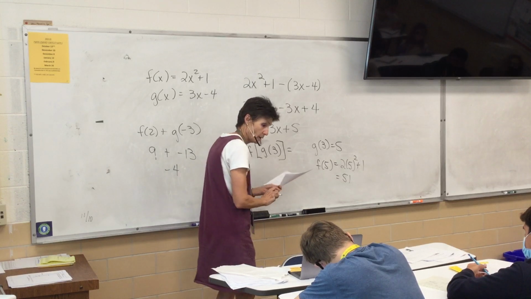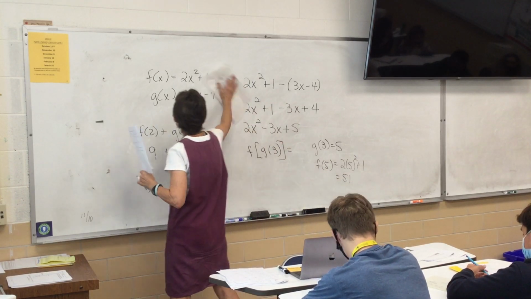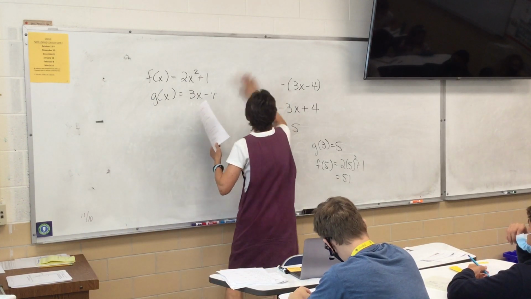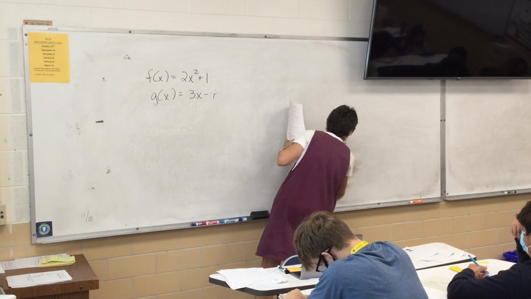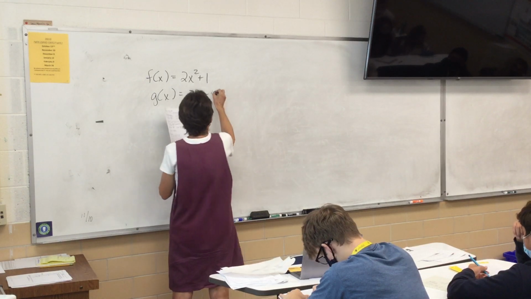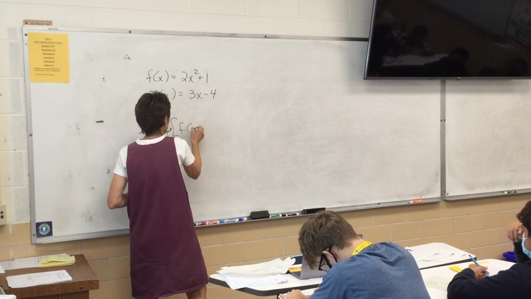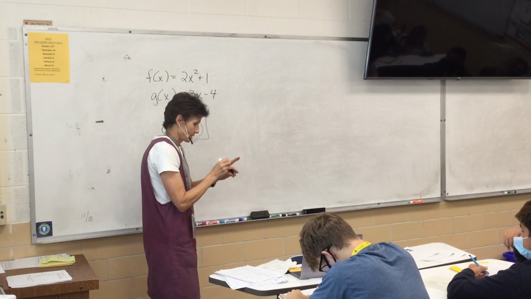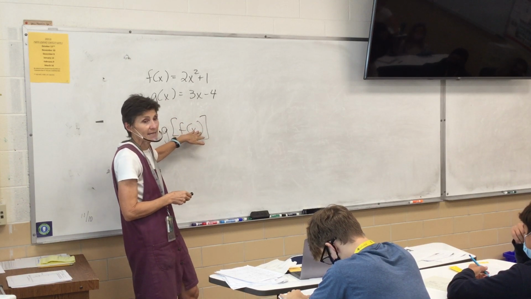And the last one we're going to do today. Last one says find g of f of x. I don't know if you heard what Ethan said, but he hit it right on the head.